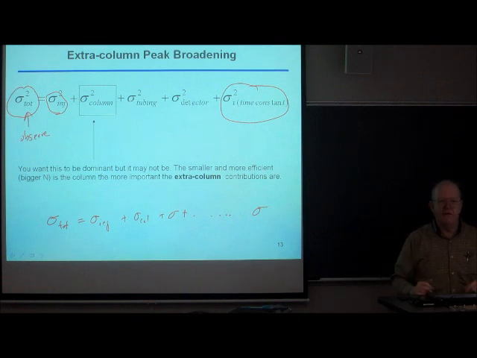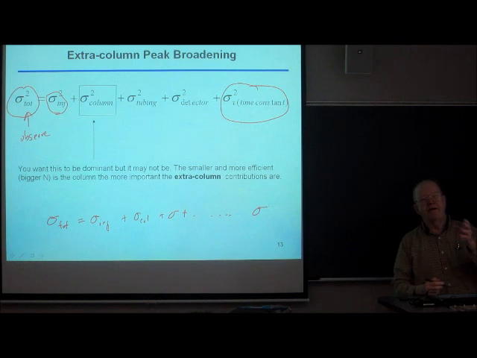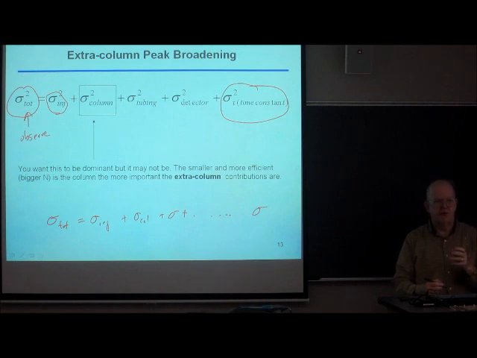And so they become negligible. So the square is actually helpful because it says more often than not there's one dominant term. And guess which one we want to be dominant? We want the column to be the major contributor to the peak width.